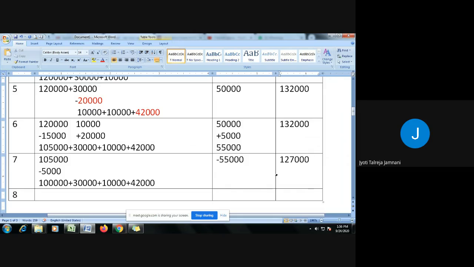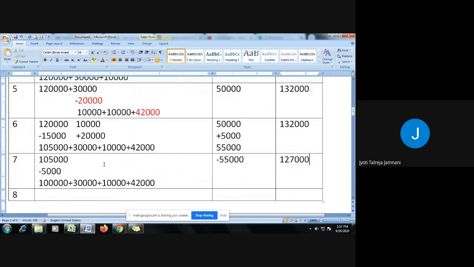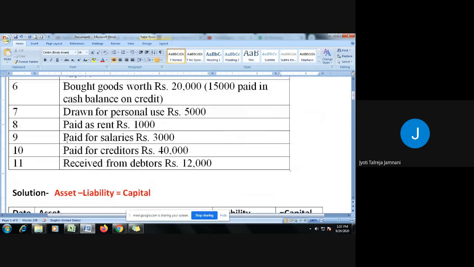Whenever there is profit, it gets added to the owner, and it gets deducted from the owner when it is an expense. So minus 55,000, you will get 1,27,000. That was the 7th transaction.